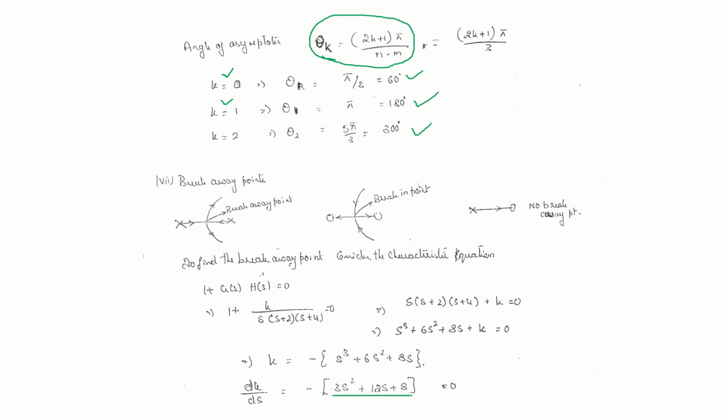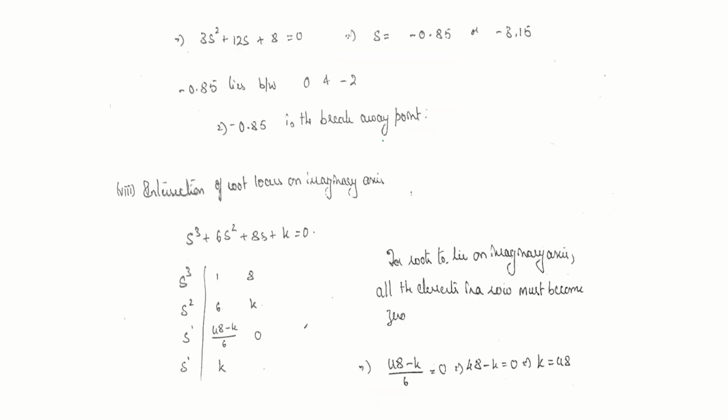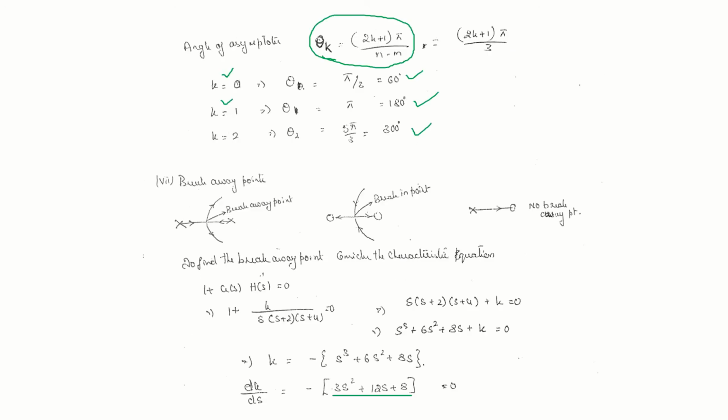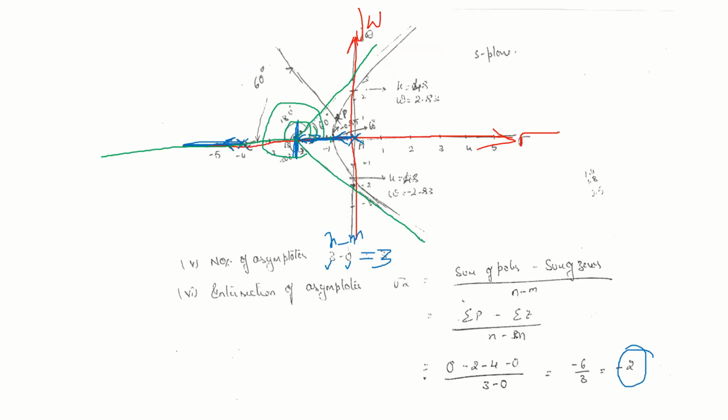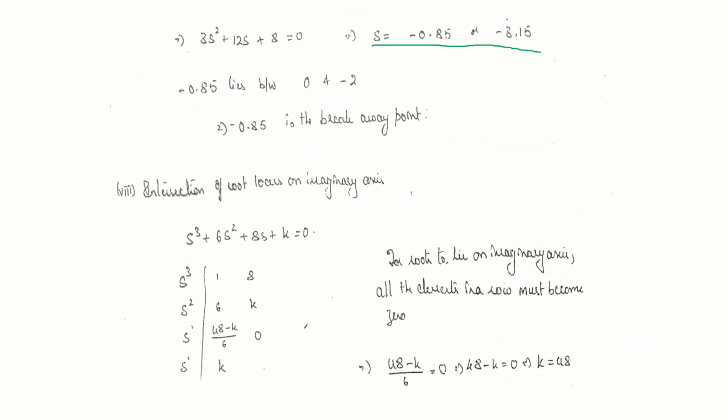You'll get a quadratic equation. Solve this equation. Then you are going to get minus 0.85 and minus 3.15. Go back to the root locus. Minus 0.85 lies between 0 and minus 2 here. Okay, this is a breakaway point. The other one is minus 3.15. There is no root locus there. So you do not have to worry, ignore this.